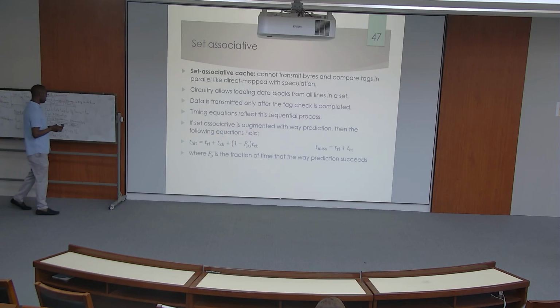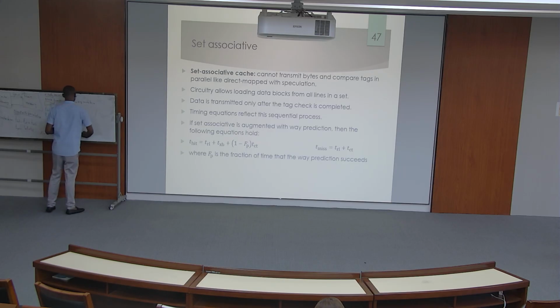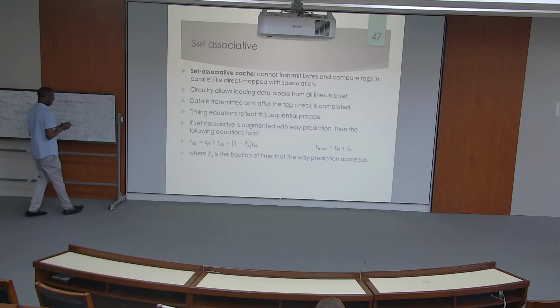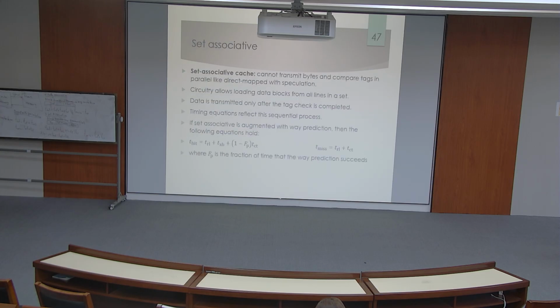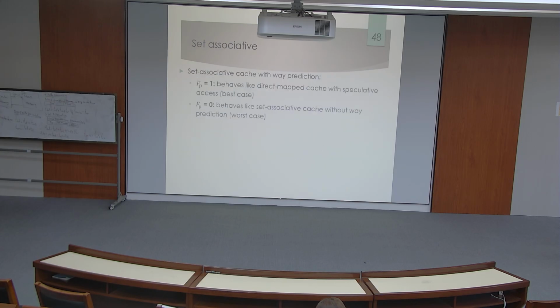We have the T miss, the time for miss, which is equal to the time that the system spent on reading the data plus the time that the system spent on comparing the data. So this is the set associative cache model performance.